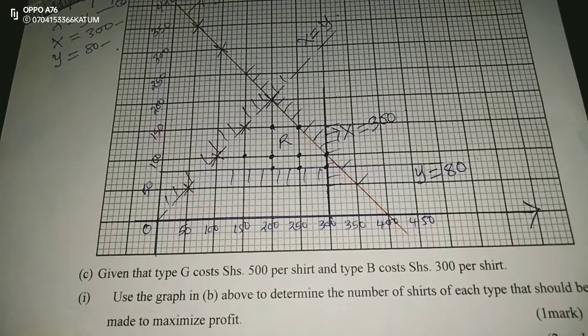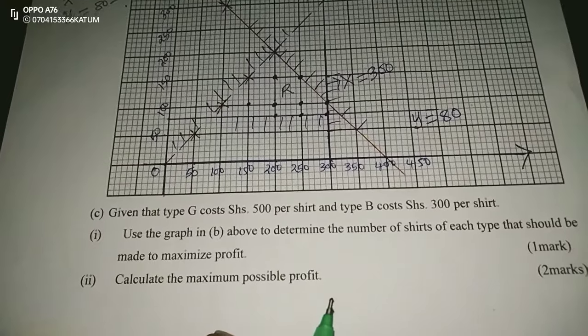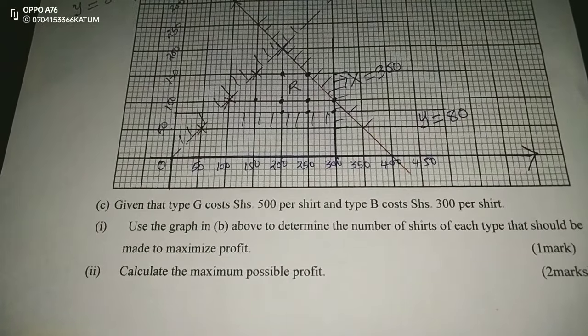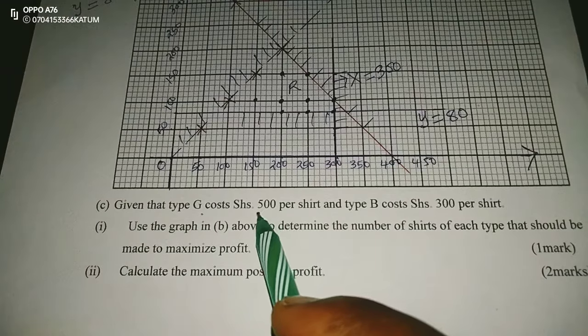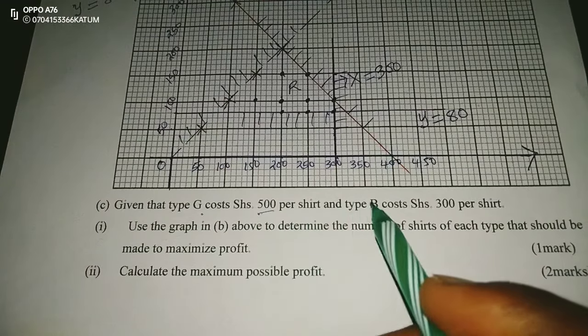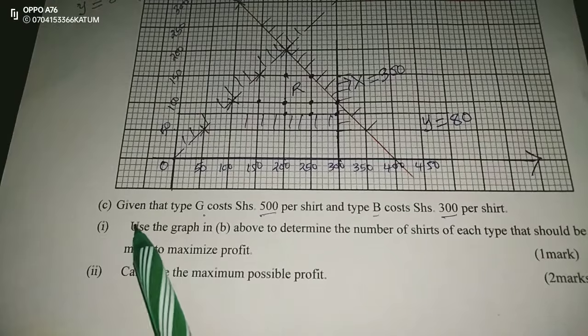Let's go now to part C. Given that type G costs 500 per shirt and type B costs 300 per shirt.